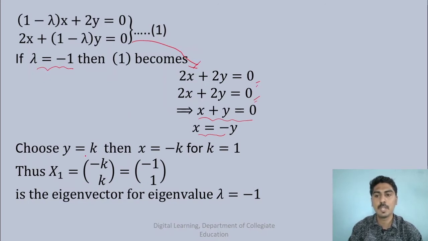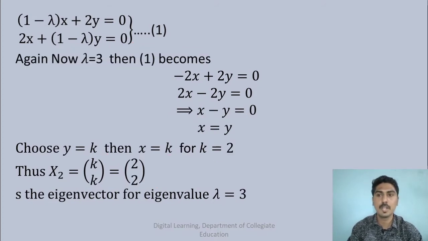Suppose if you put y equal to some arbitrary scalar k, x becomes minus k. We can take any scalar value for k. Here I am taking k equal to 1. So I get the first eigenvector corresponding to the eigenvalue lambda equal to minus 1 as minus 1 1.